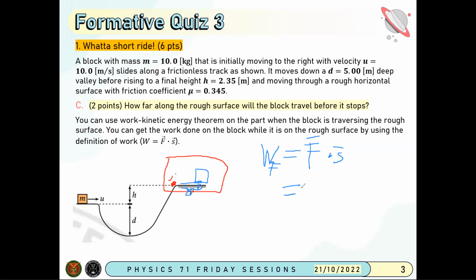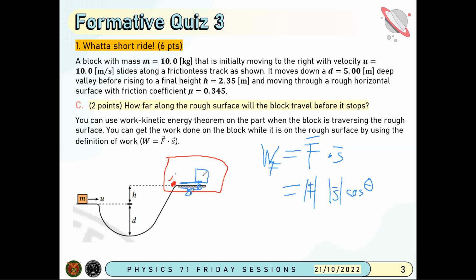So again, this is just equal sa magnitude of the force times magnitude of the displacement, cosine theta. Where theta here is defined as yung angle between these two vectors. But we see that the force, the frictional force is going there.